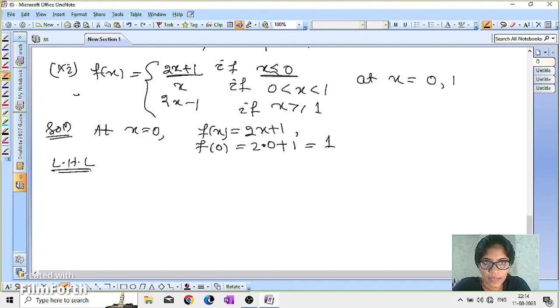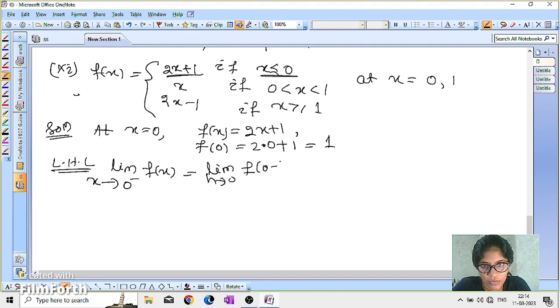Left hand limit: limit x tends to 0 minus f of x is equal to limit h tends to 0 f of 0 minus h, which equals limit h tends to 0 of 2 into minus h plus 1, which is also 1.